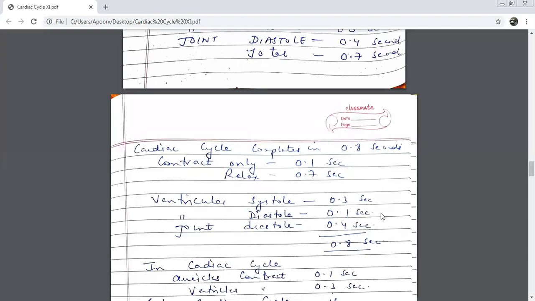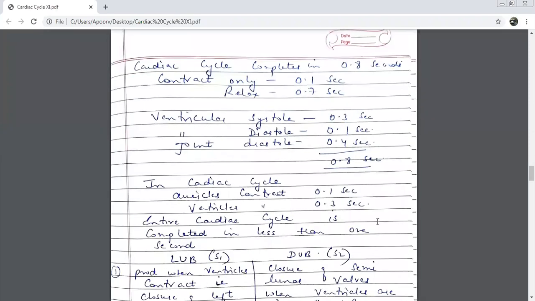And the joint diastole will also apply, that is 0.4 seconds. So again, it is 0.8 seconds, children. In 0.8 seconds, if I talk about ventricles, they are working for how many seconds? 0.3 seconds. And relaxing for? 0.1 seconds. Yes.